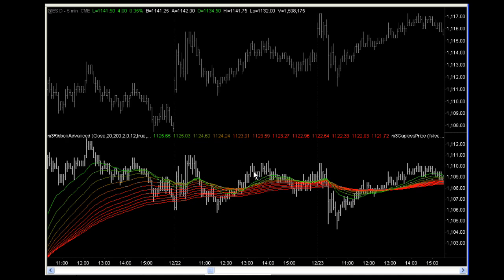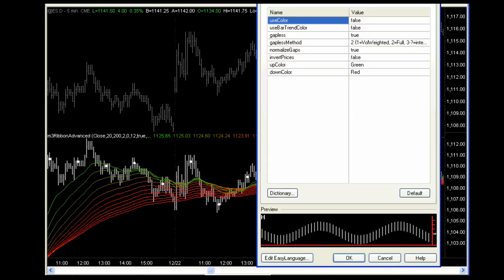What I also did here is I plotted a special method to display price, and this is called the M3 gapless price. You can use this in a lot of different ways. You can use it to chart, you can use it to draw trend lines. It's much more effective, I think, to draw trend lines on a gapless chart than it is to draw them on a regular chart.